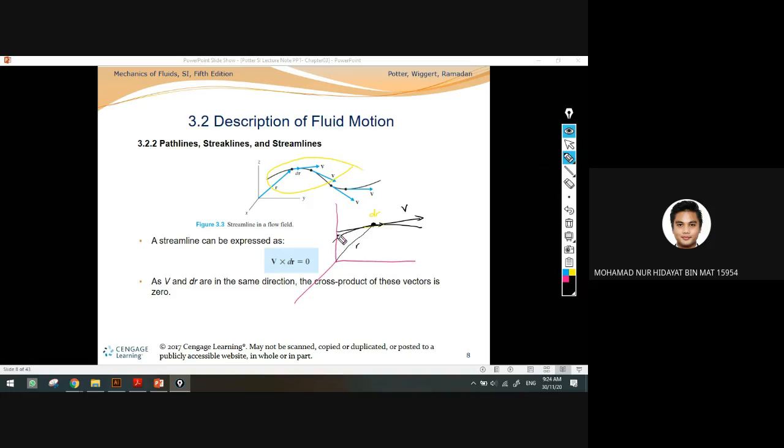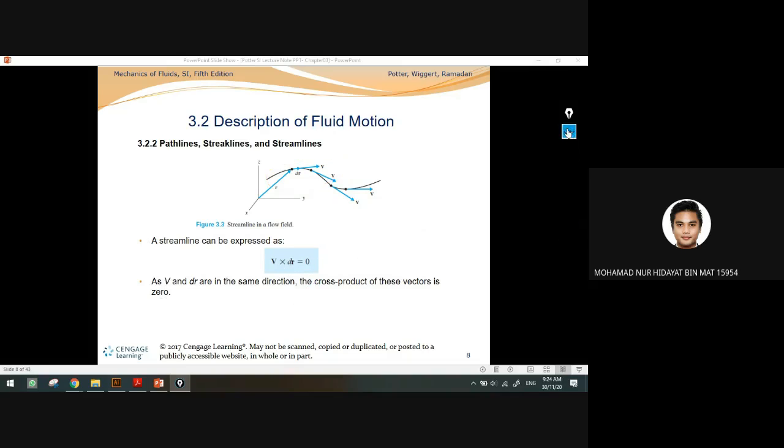You can see the velocity and the change in radius are in the same direction. So when those vectors are in the same direction and we apply the cross product, it will be 0. I believe you have learned in your basic calculus that the cross product of vectors in the same direction is 0.